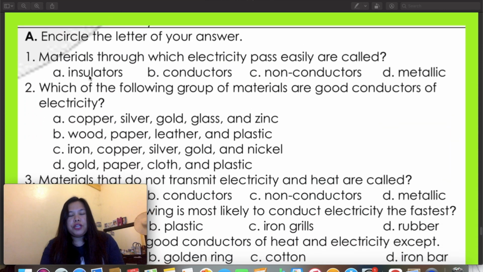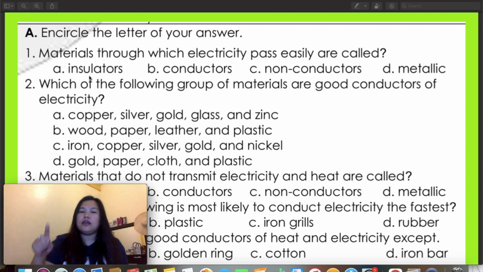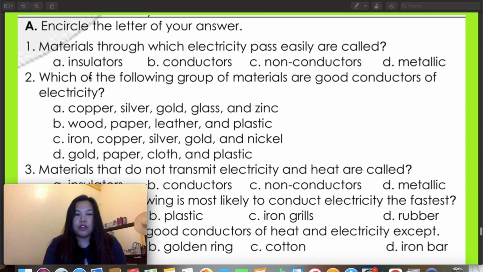In your Learning Task 3, encircle the letter of your correct answer, but hindi naman magagawa natin yung encircle. Pero, I think magagawa nyo pala yan kasi meron kayo sa module. Pwede rin write the letter of the answer in your answer sheet. Depende lang sa teacher kung ano ang gusto niya.